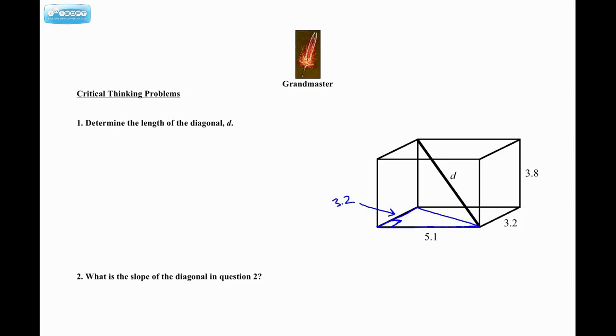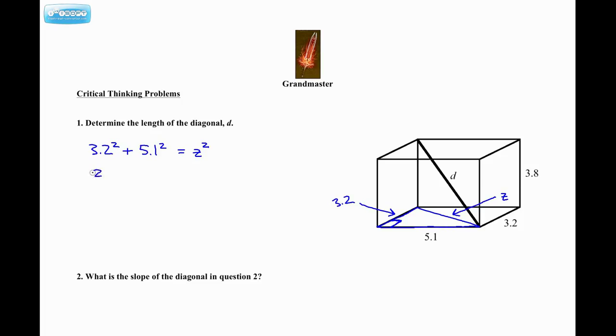So let's do that. I'm going to label that, I'll call it Z. Why not? Call it anything you want. So we know that 3.2 squared plus 5.1 squared equals Z squared.